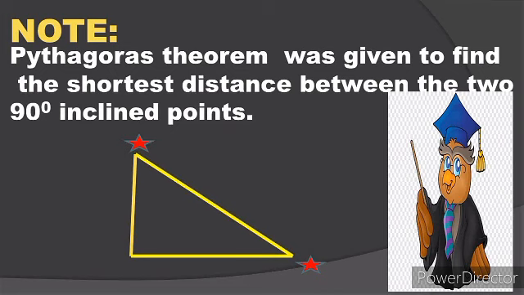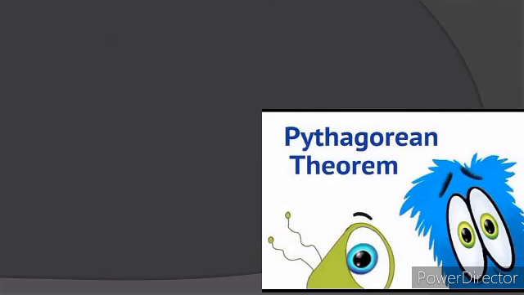You can see now this is the shortest distance between the two lines which are perpendicular to each other. Now the distance between them, that is the shortest distance, gives us our longest line in a right angle triangle. I'm going to be naming this side for you as we progress on this teaching.